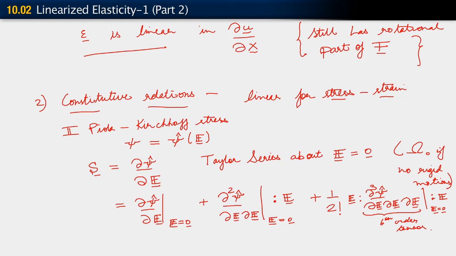But in fact, that sixth order tensor has all the full major symmetries, so it doesn't really matter how we write this. If you want, I will write it out in coordinate notation in a minute. And then you have higher order terms.